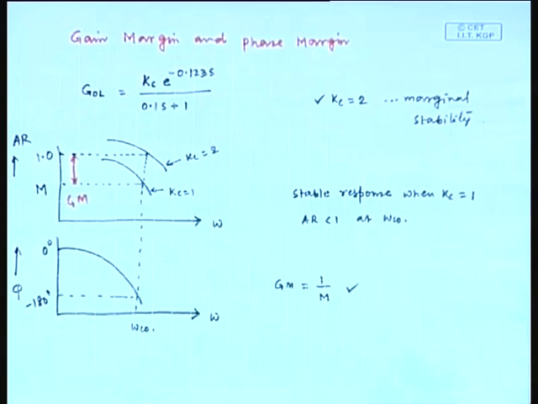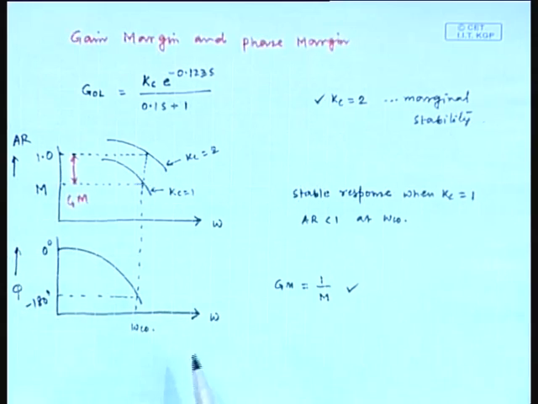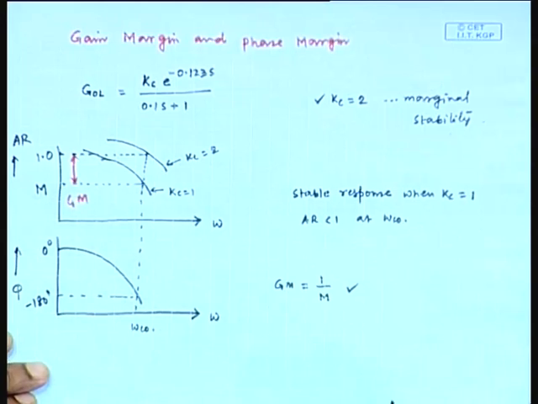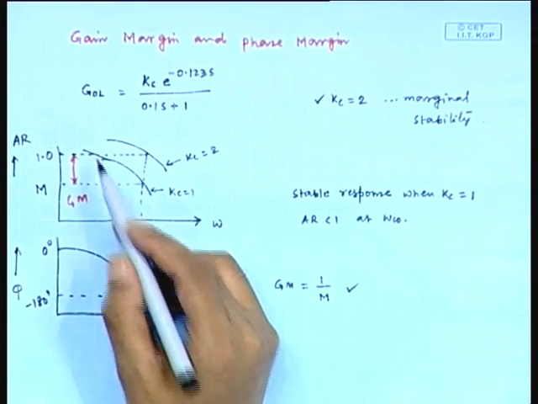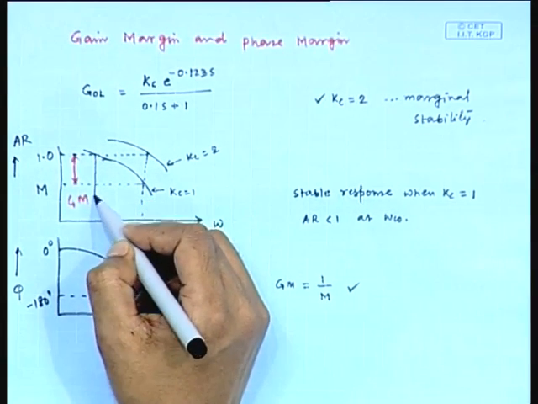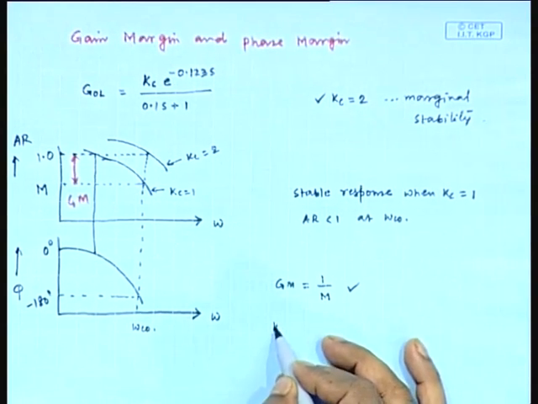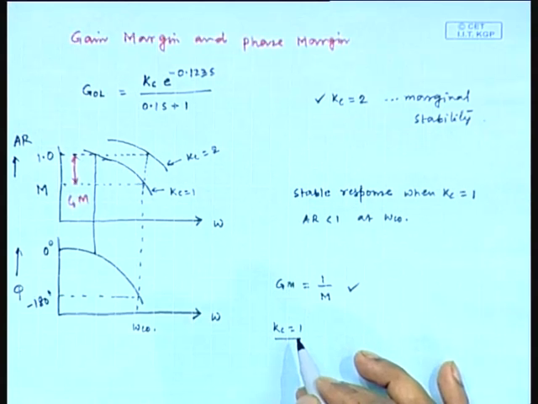Now, when amplitude ratio equals 1, suppose this is, I am just extending this like this. When amplitude ratio equals 1, how much is the corresponding phi? See, we are considering Kc 1. Previously also we considered Kc 1 and we obtained amplitude ratio m.